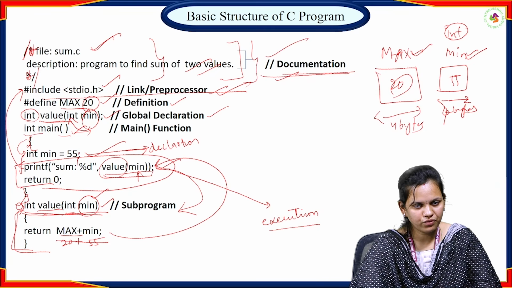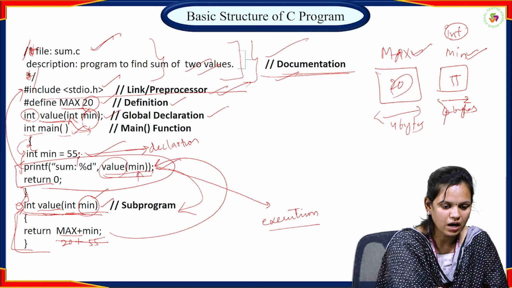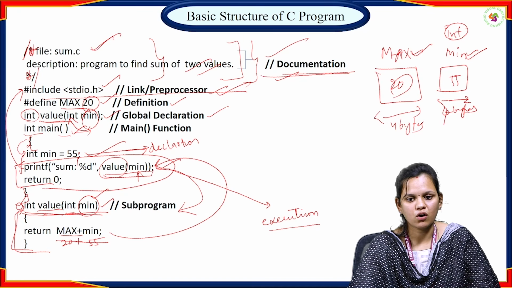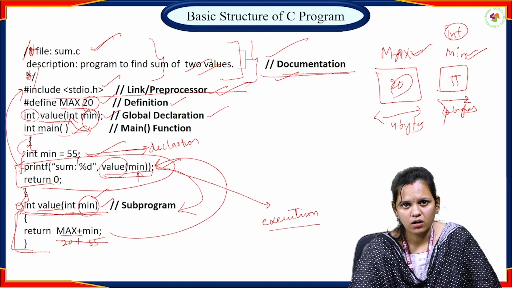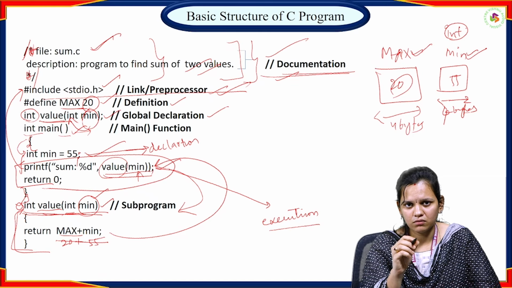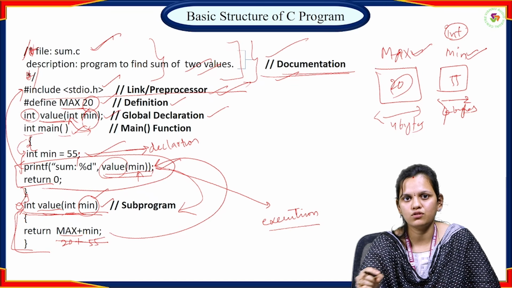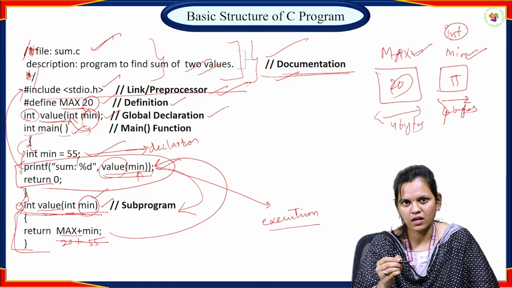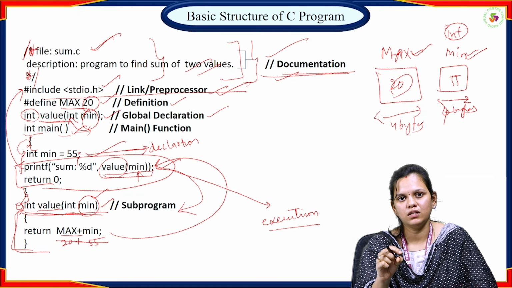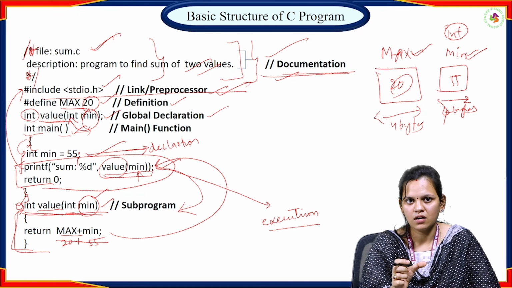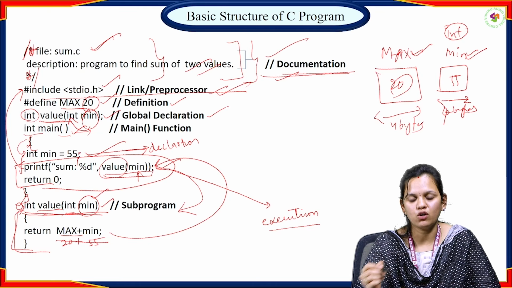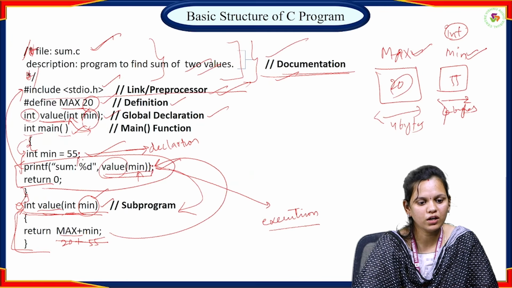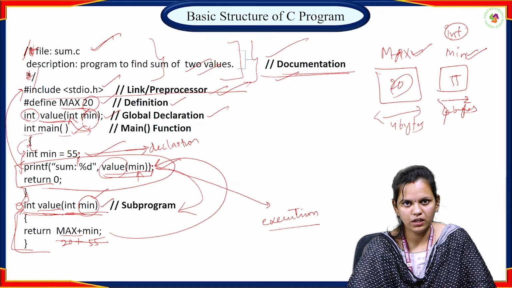In each and every line, we have a semicolon. So that semicolon is used as a terminator. I mean, that is the end of the instruction. Just as we use the full stop in our English language as the completion of one sentence, similarly, we have a semicolon at each and every instruction.